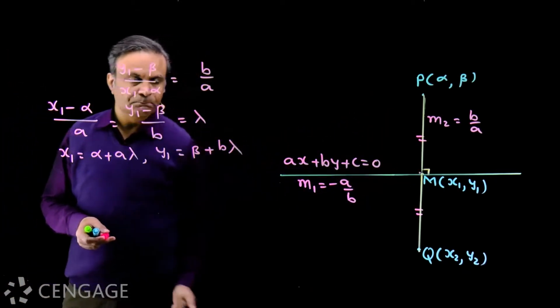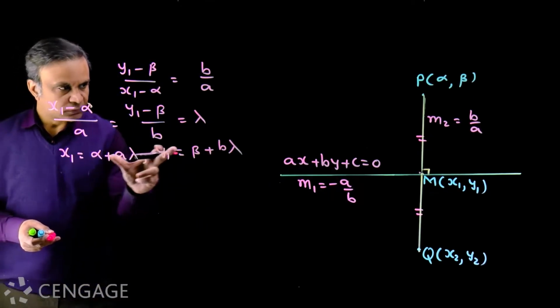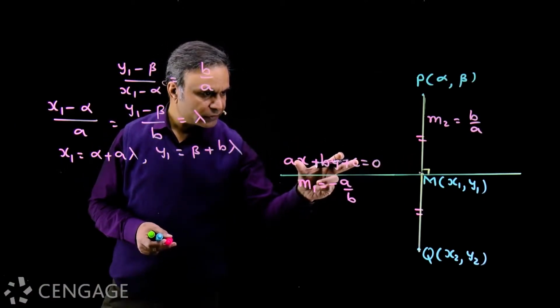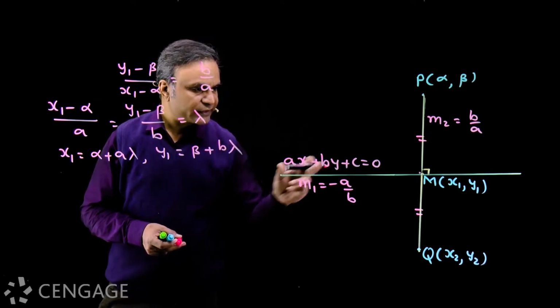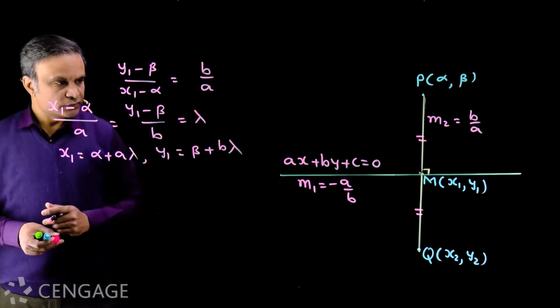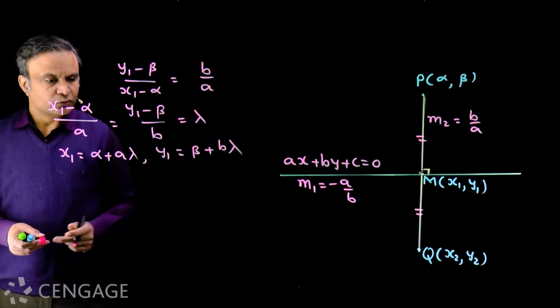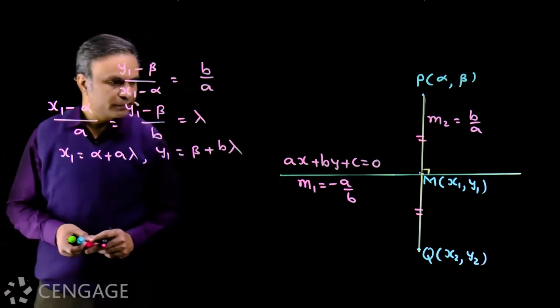So we have the coordinates of foot of perpendicular M in terms of the coordinates of point P and the slope of this line, means b and a. Now point M lies on this straight line, so the coordinates of point M satisfy this equation. In this equation let's put x is equal to alpha plus a lambda and y is equal to beta plus b lambda.